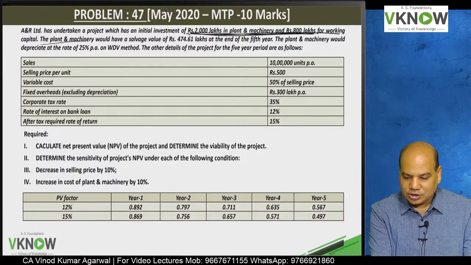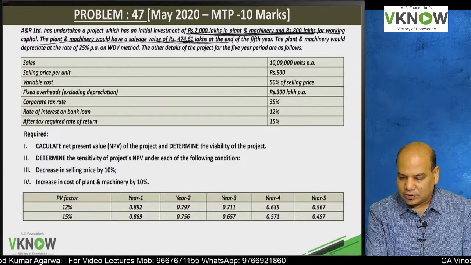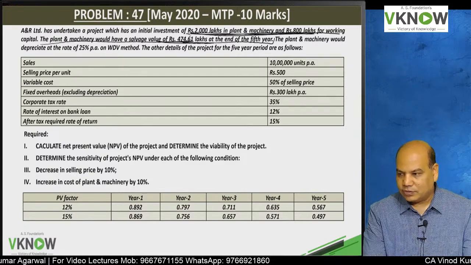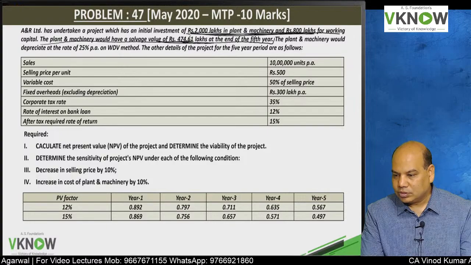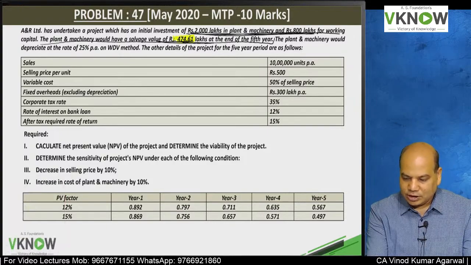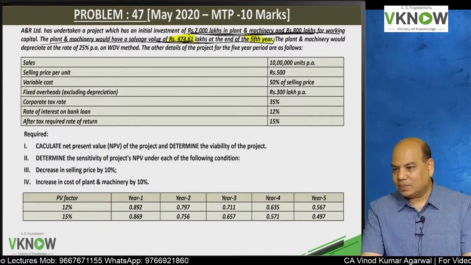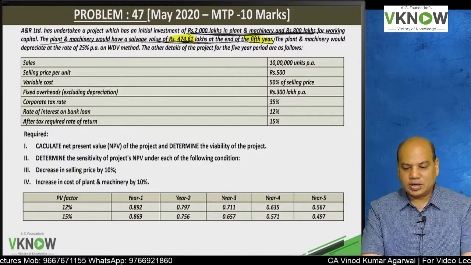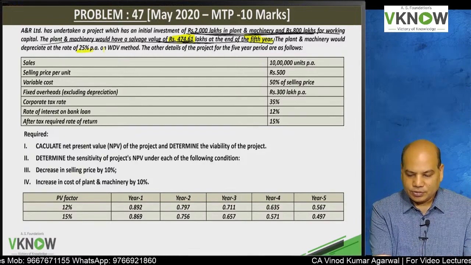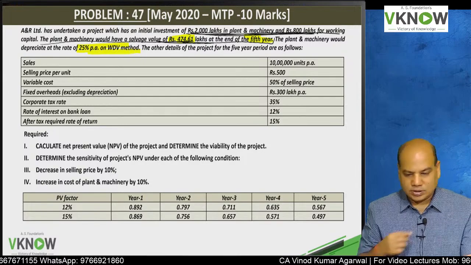The plant and machinery would have a salvage value of 474.61 lakh at the end of the 5th year. So salvage value is also given. That will be considered in the last year. The plant and machinery would depreciate at the rate of 25% per annum on WDV basis.